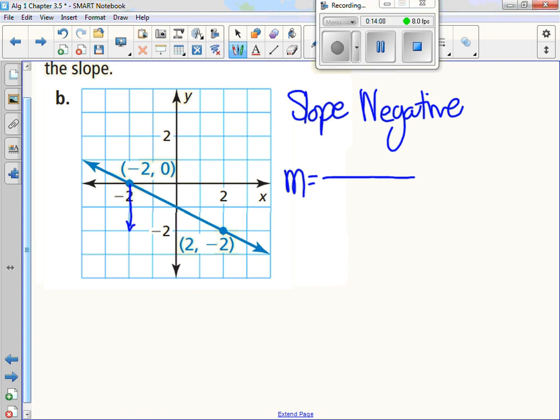So how far are we going down to get to this point? We have to go down 2, so it'd be negative 2. And then how far do we need to go over? 2, 3, 4. So we're going down 2 and over 4.